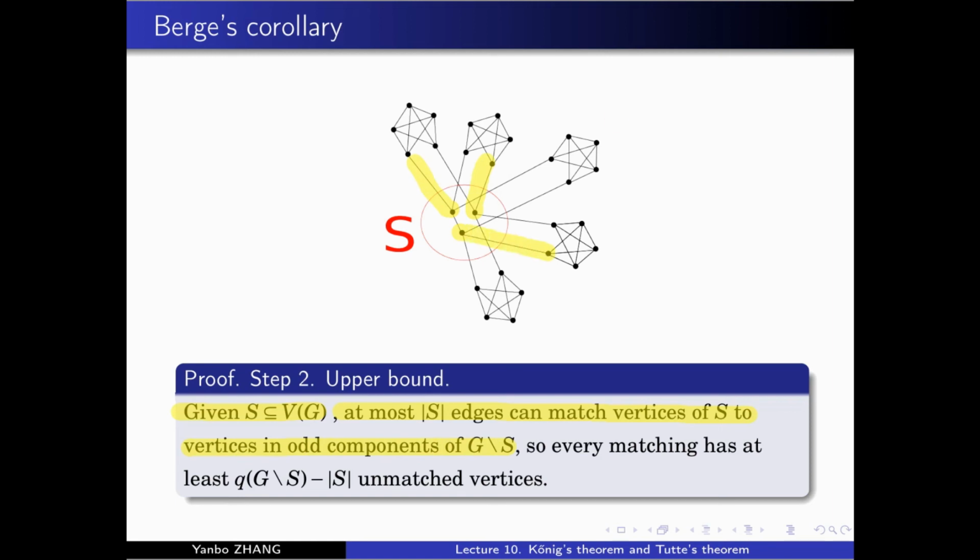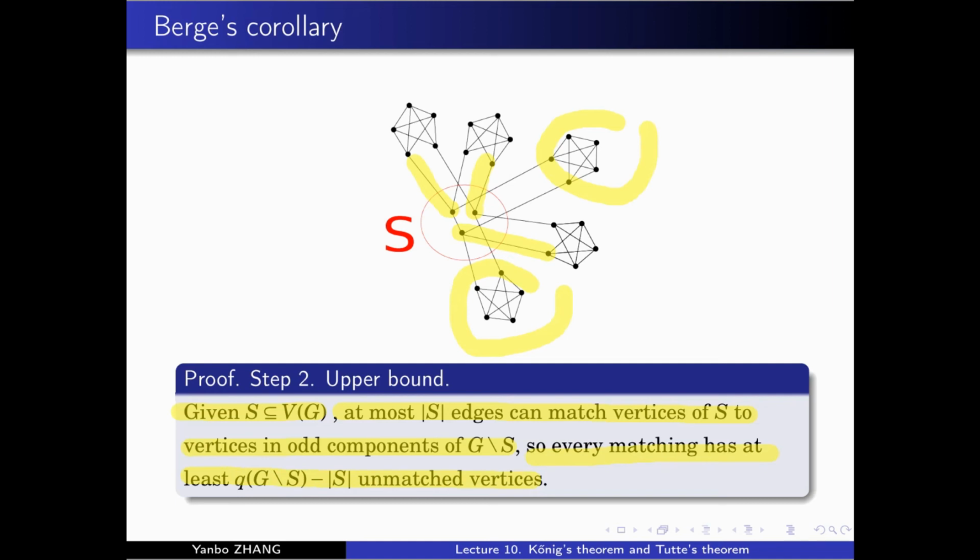So there are at least 2 odd components that cannot be matched. So every matching has at least Q(G minus S) minus |S| unmatched vertices. This is the upper bound.